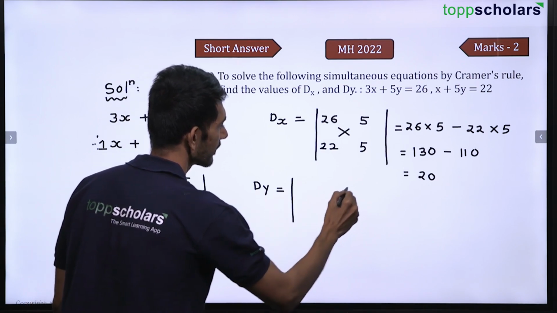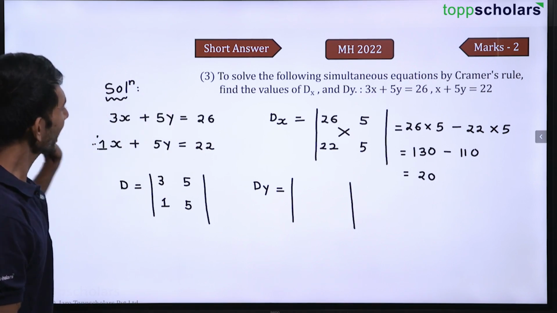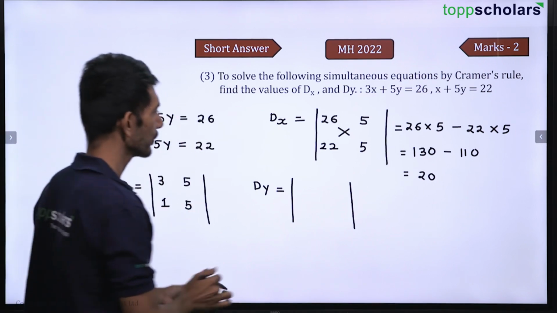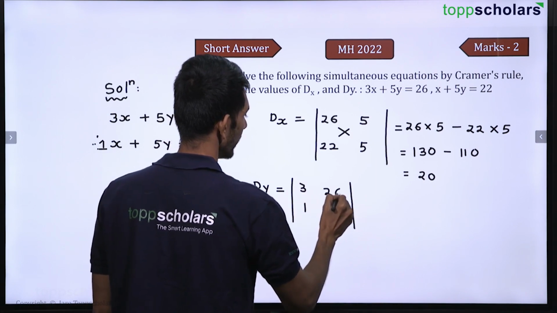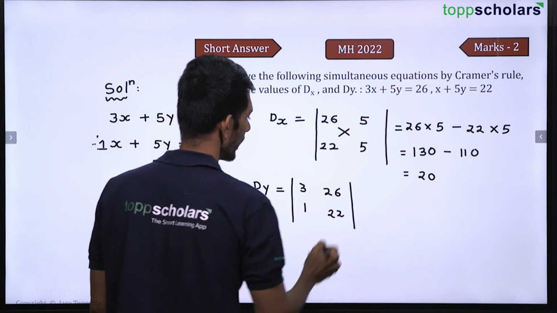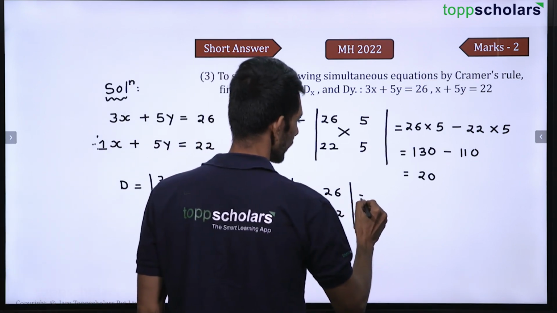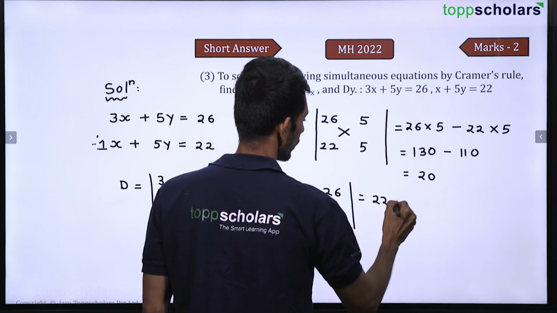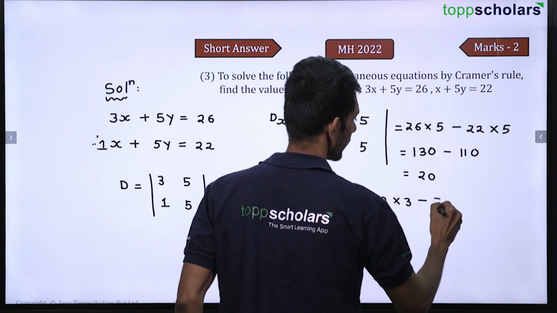How do you find out dy? dy is, ignore y, write it in order, 3, 1, 26, 22. So you have 3, 1, 26, 22. And then you can solve this, 22 into 3, right? That is equal to 22 into 3 minus 26 into 1.